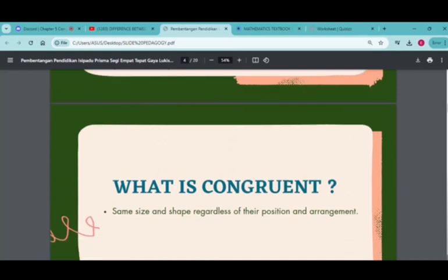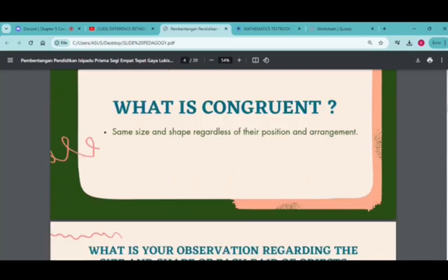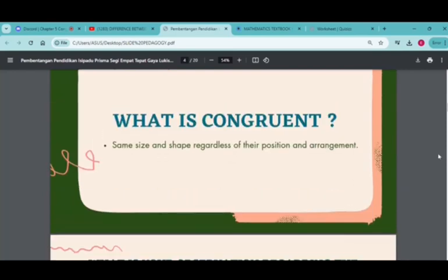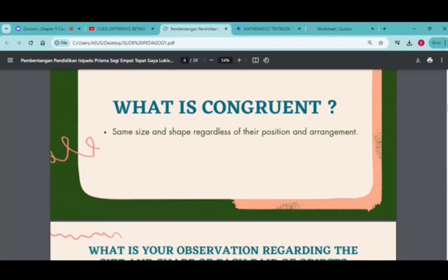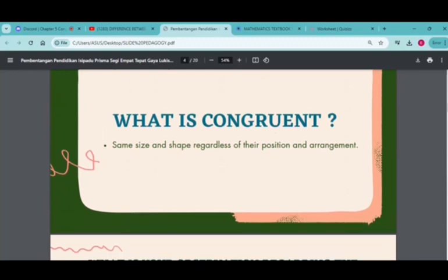What is congruence? Congruent is the same size and shape regardless of their position and arrangement. Same with what you saw just now. The video shows the shape and the size is the same.